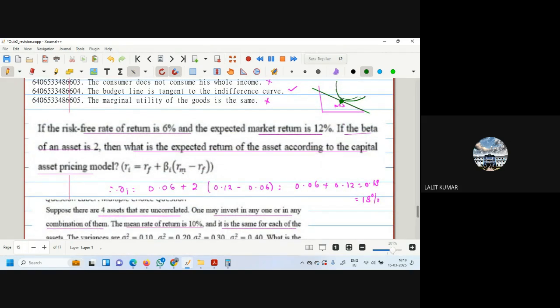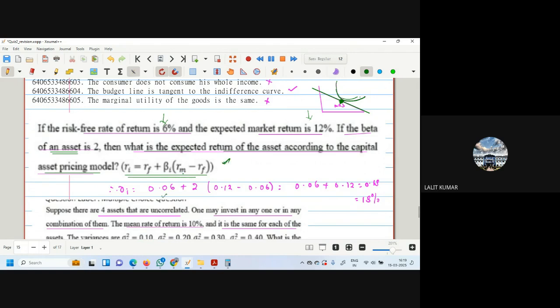Okay, next question. If the risk-free rate of return is 6% and the expected market rate of return is 12%, and the beta of an asset is 2, then what is the expected return of the asset according to the capital asset pricing formula? Fortunately, they have given the formula here with the beta: Ri = Rf + beta × (Rm − Rf).